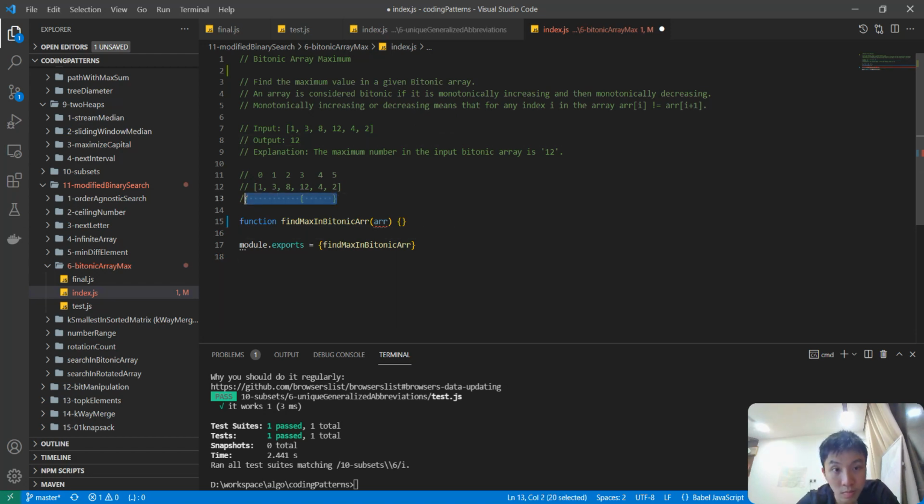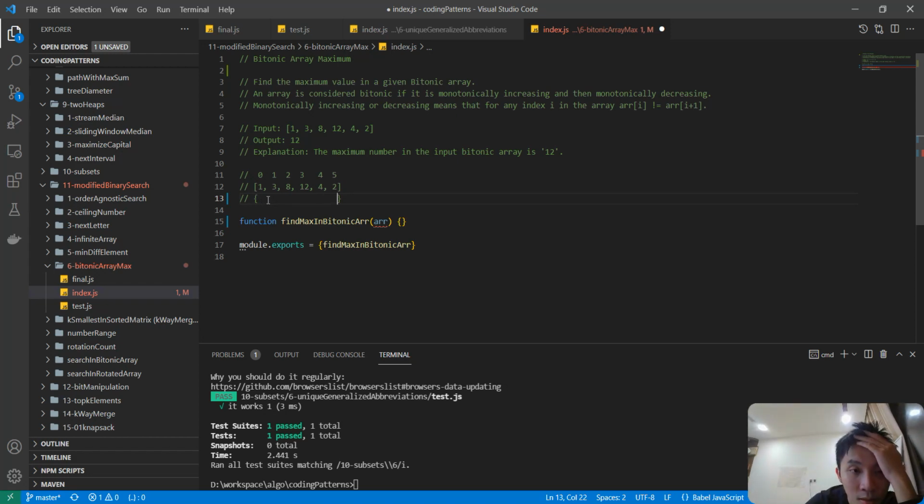So let's try to run through it manually here. So here is our array, and this line is just the index of every number. For finding it, I'm going to start with 2 pointers, left and right.